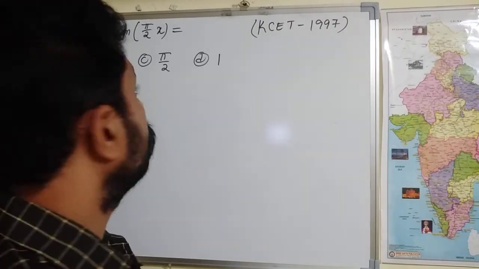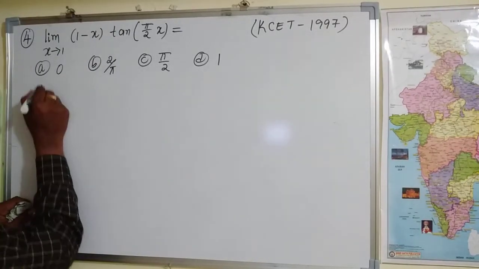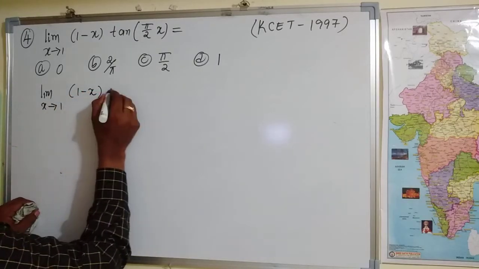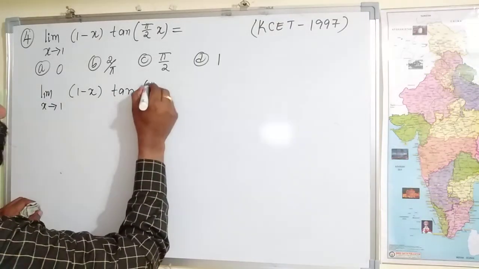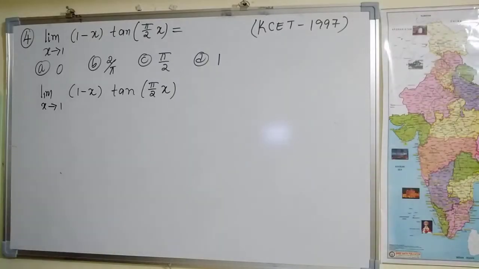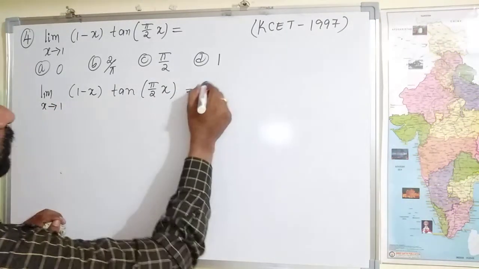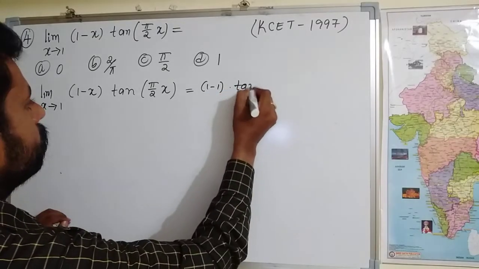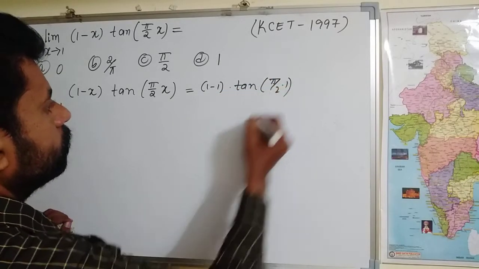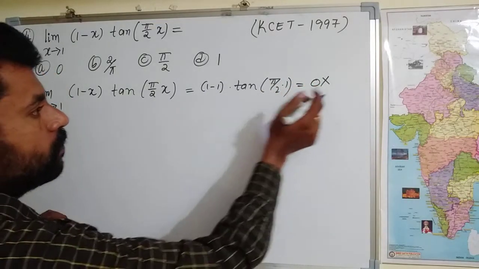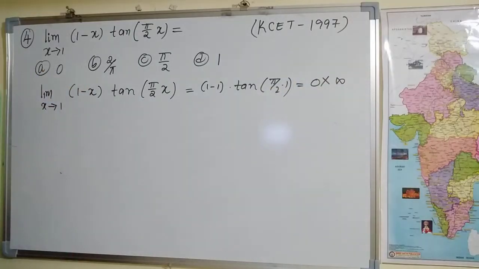So we try the next example. Limit x tends to 1, x approaches 1, 1 minus x tan of pi by 2x. See, in this result, we substitute 1 in the place of x, we get 1 minus 1 into tan of pi by 2 into 1, means pi by 2. 1 minus 1 is 0 into tan of pi by 2 is undefined, the result is infinity.